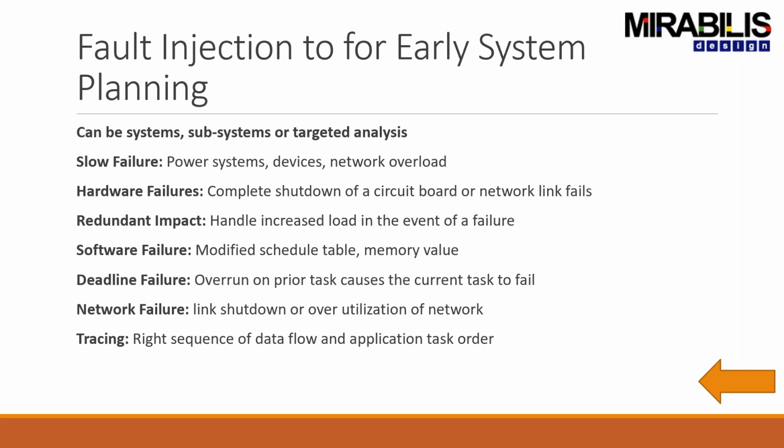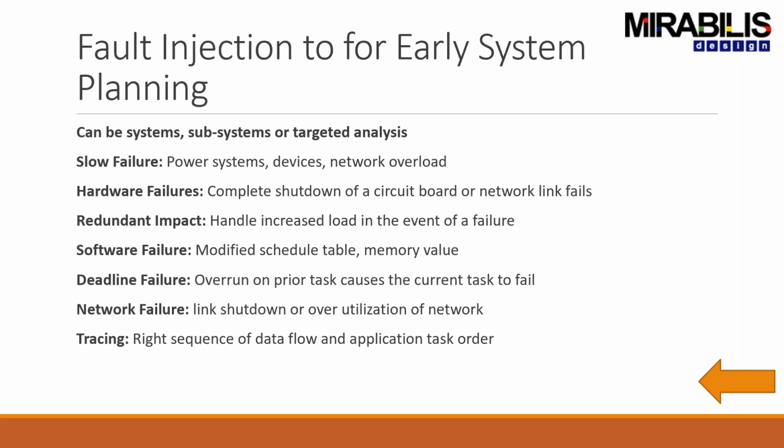So the main idea here is that I want to replicate, say, a failure where two of the processor nodes fail, or for example some of the data in the memory gets corrupted and my schedule table gets modified, or a link goes down. What happens to my system is not that the entire system is going to shut down, but rather there's going to be a slow and gradual behavior change in my design.